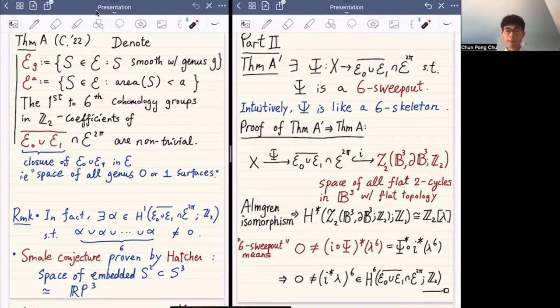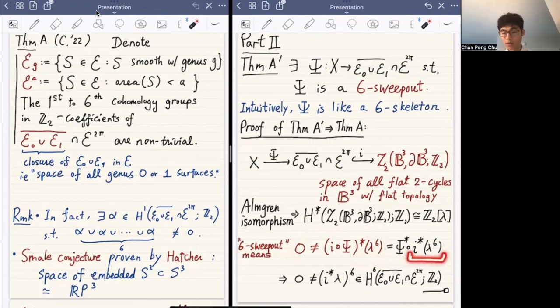But for now, let's assume this psi exists, okay? And then we want to show theorem A using this psi. This is our goal. Okay, so now if psi is a 6-sweepout, then clearly this equality holds. And as a result, this term will be non-zero.